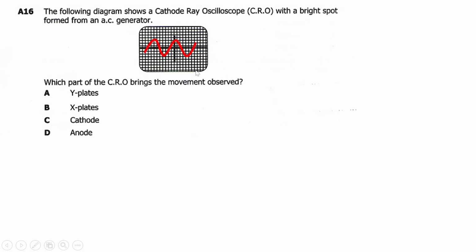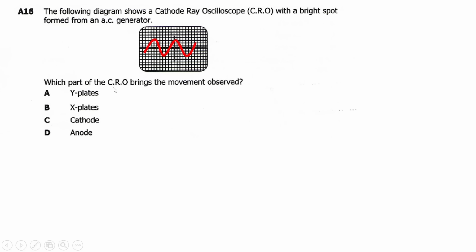Okay, so these are some of the questions which had errors for me. These questions had errors. So it has to show a sweep like this because the AC generator creates a sine wave like this. This is a sine wave which it creates on a cathode ray oscilloscope screen. So this sine wave can be brought by the X plate and the Y plate.